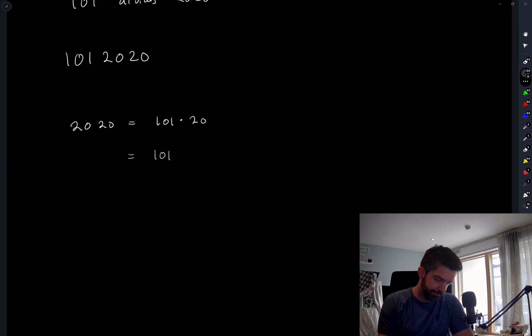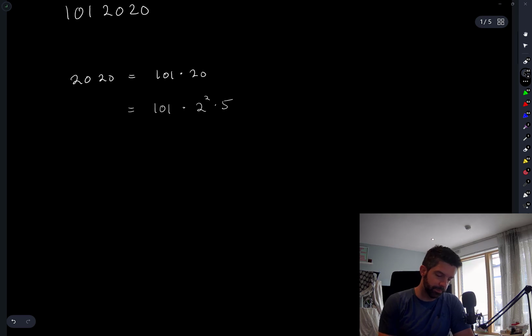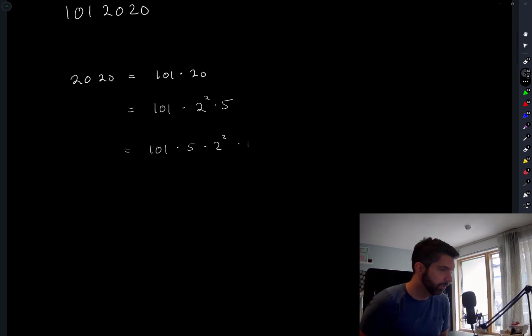Sounds prime. Okay, so I'll write this as 101 times 5 times 2 squared. And I'm going to put a 1 in there just to make sure we do count that 1.